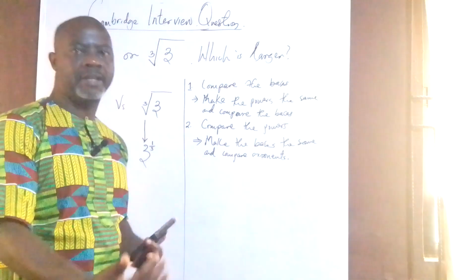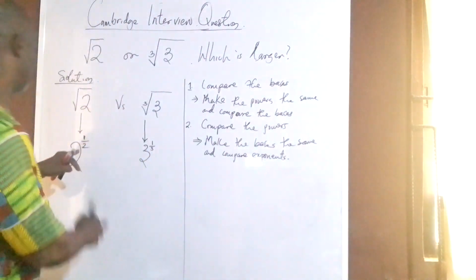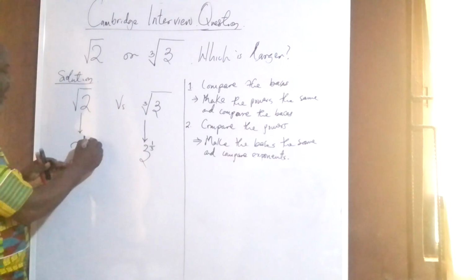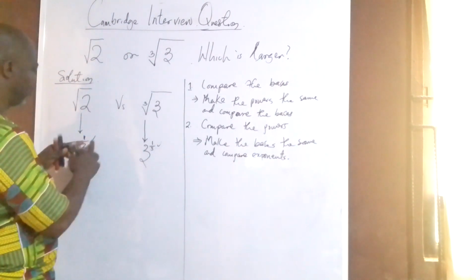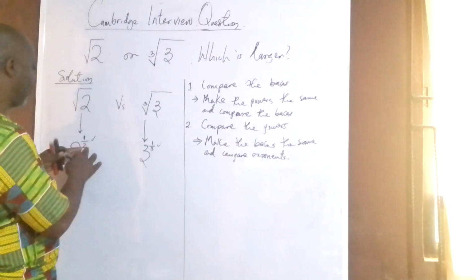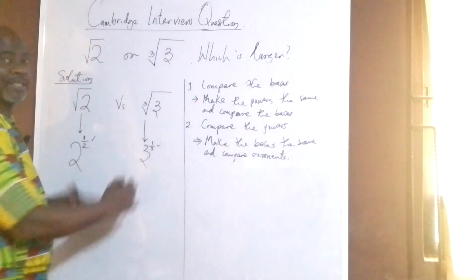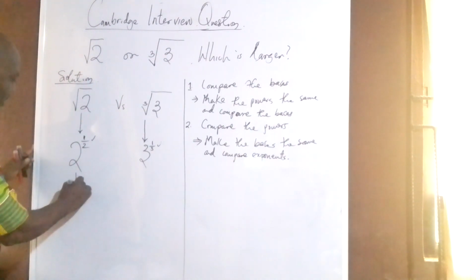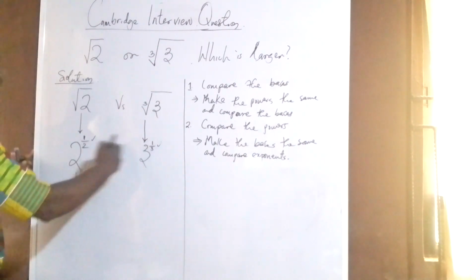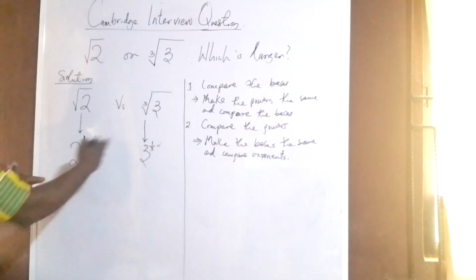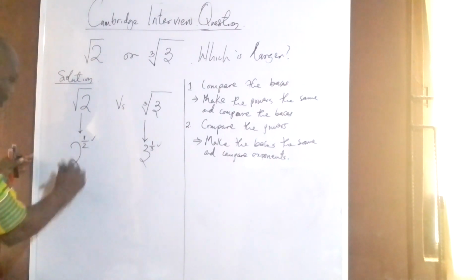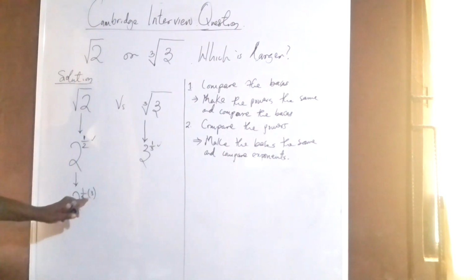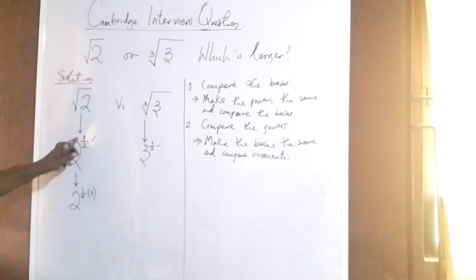It will be easier for us to compare the bases once we've been able to express the powers to be the same. So we look at this power of half and this power of 1/3. The LCM of the two denominators is 6. So I'm going to rewrite this as 2 raised to the power 1/6 multiplied by 3, because once we multiply 1/6 by 3, it gives us half.